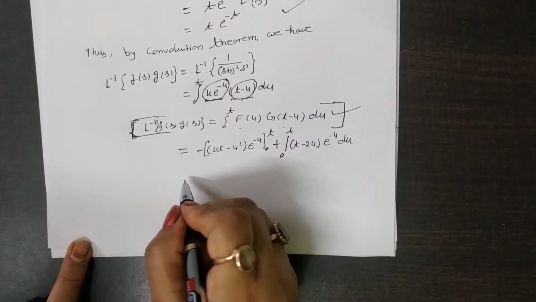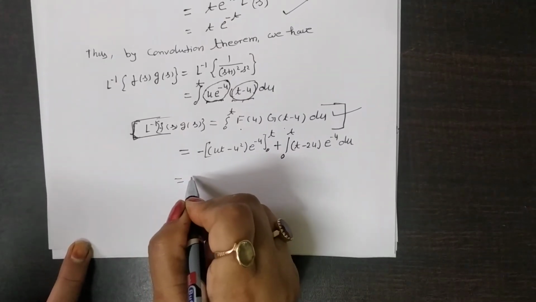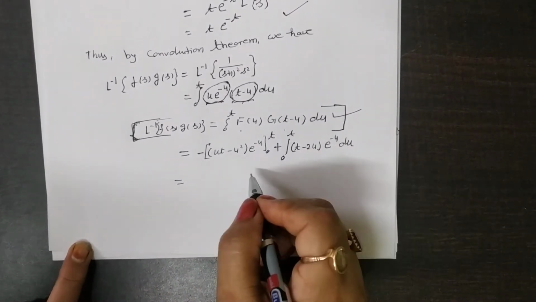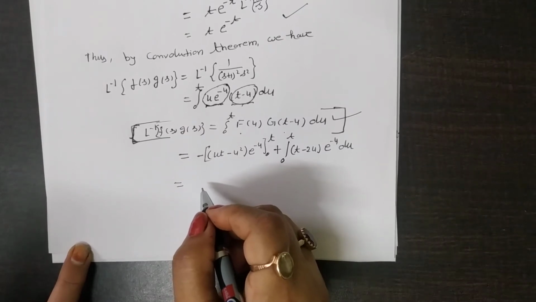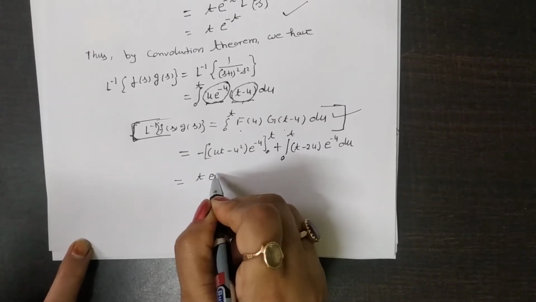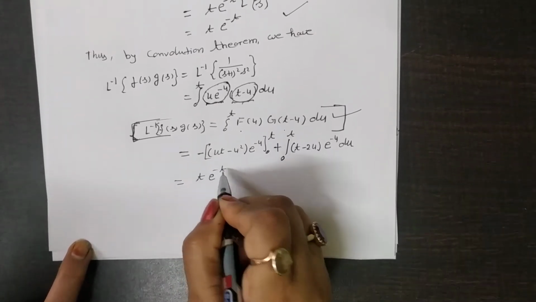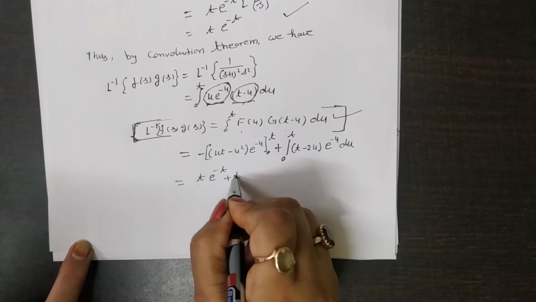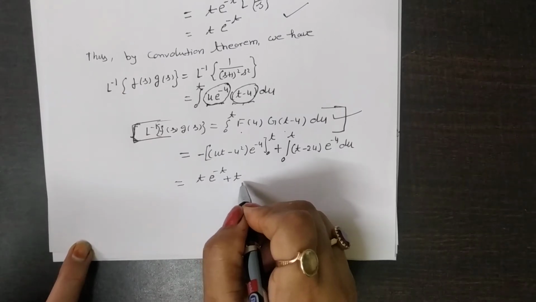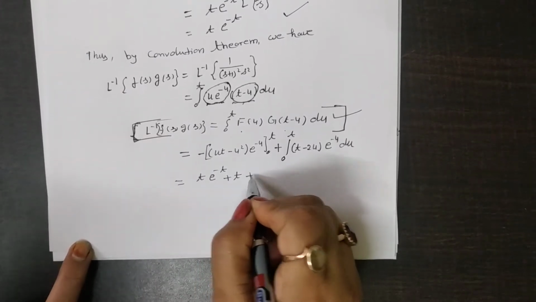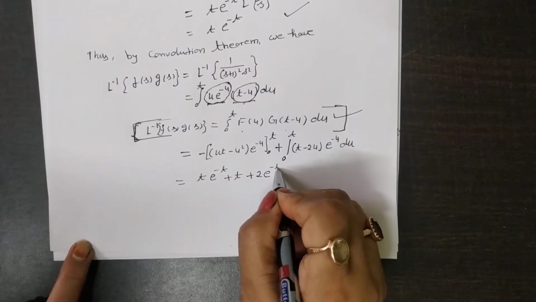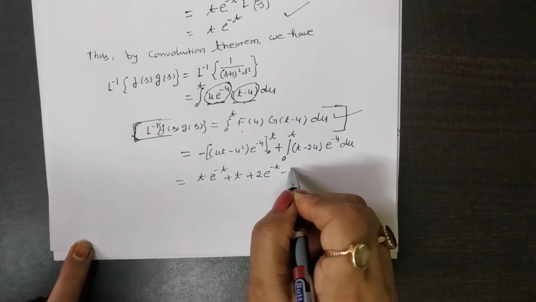Okay, and this is equal to, evaluating this is 0, evaluating this you get the value, actually you can integrate this, and now you get the value is t e to the power minus t plus t plus t e to the power minus t plus t plus 2 times e to the power minus t plus minus 2.